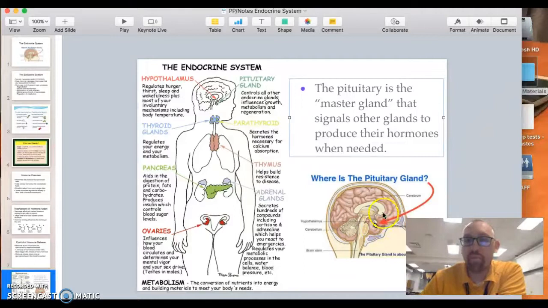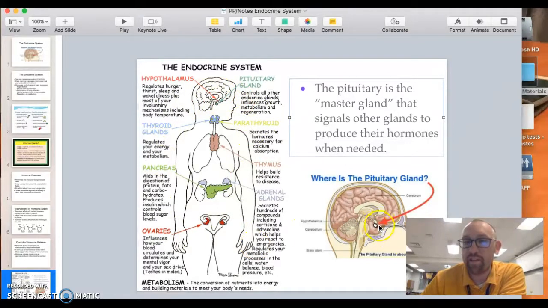Essentially, as your brain gets feedback from your body, from your receptors, if it needs to release hormones or respond in that way, then the brain will give information to this pituitary gland, and the pituitary gland is what then triggers all of the other endocrine glands.